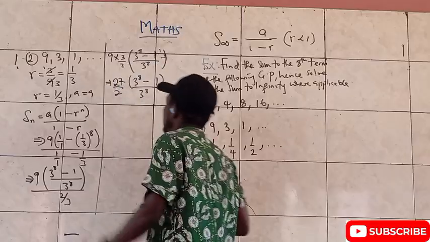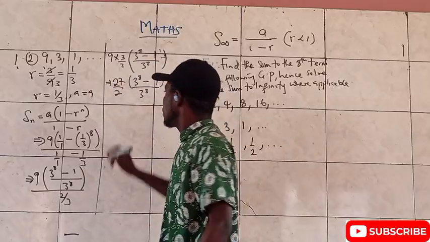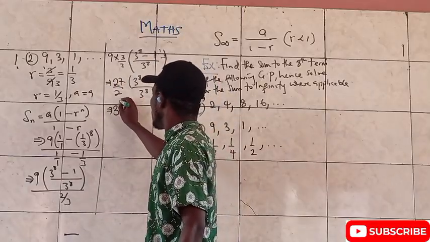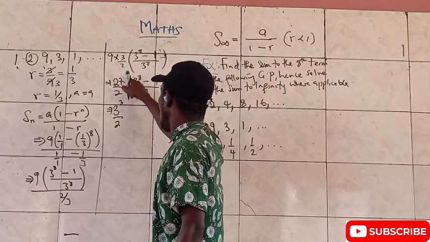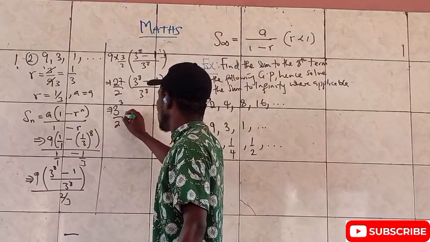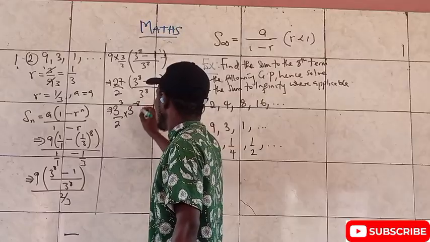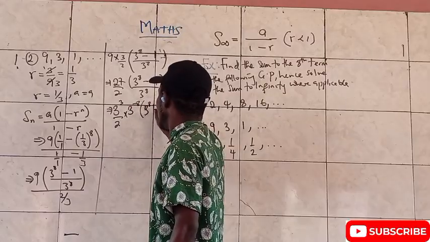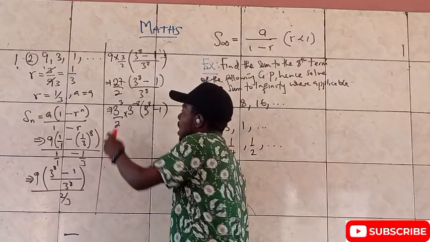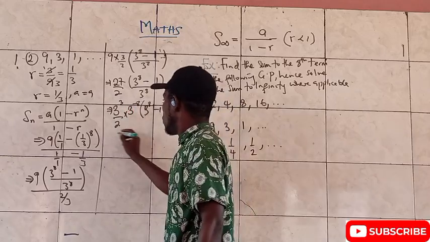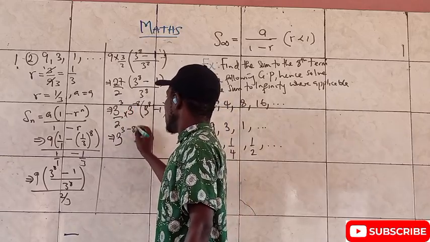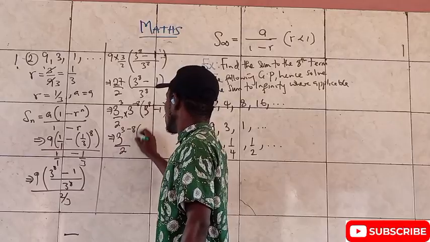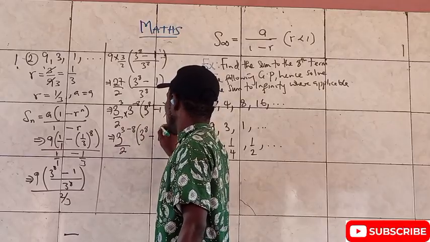Do not forget that 27 is a power of 3, so it becomes 3 raised to power 3, over 2. Don't forget that 1 over 3 raised to power 8 can become 3 raised to power minus 8, times the bracket 3 raised to power 8 minus 1. So when I apply the law of indices here, what does it become? 3 raised to power 3 minus 8, over 2, times 3 raised to power 8 minus 1.